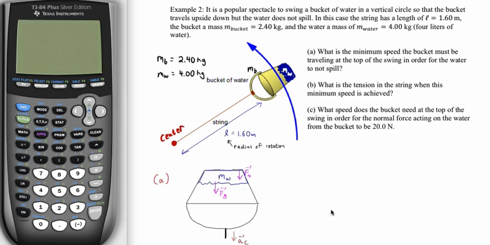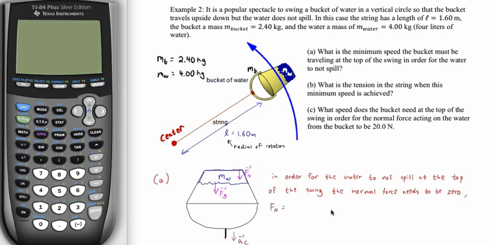But we have this idea: in order for the water to not spill at the top of the swing, the normal force needs to be 0. That would be just F n of 0.